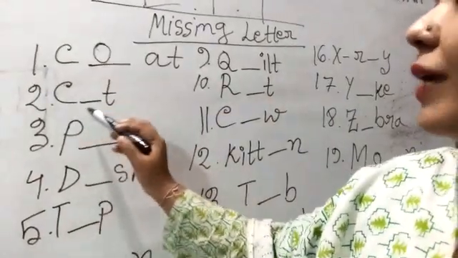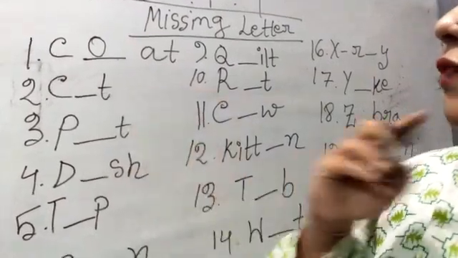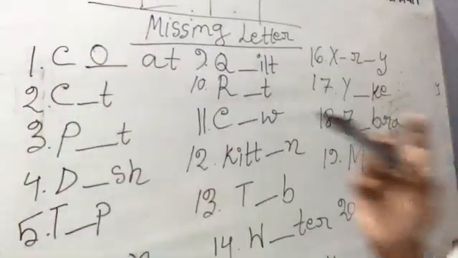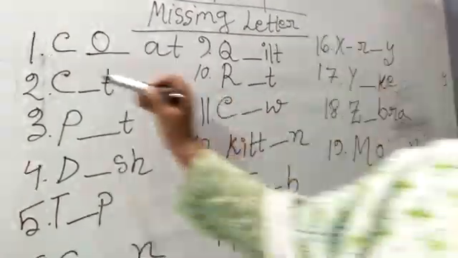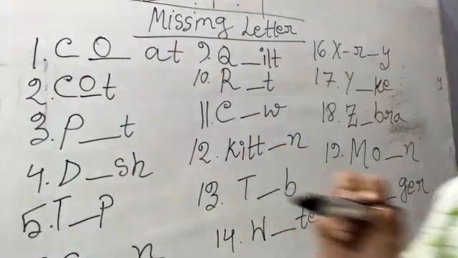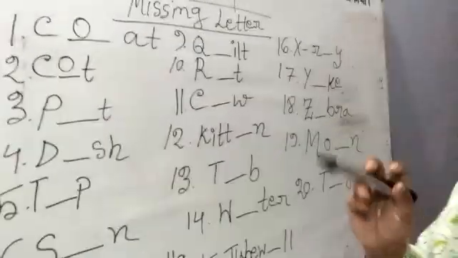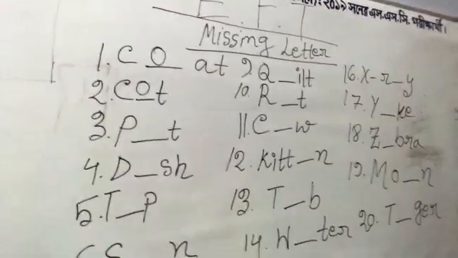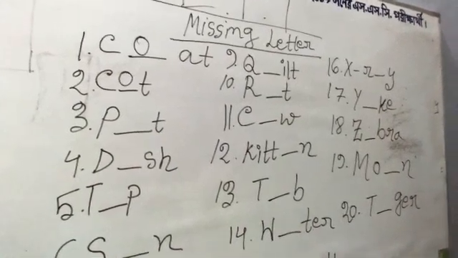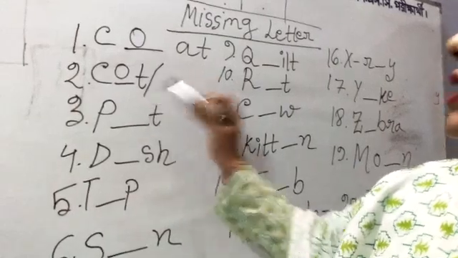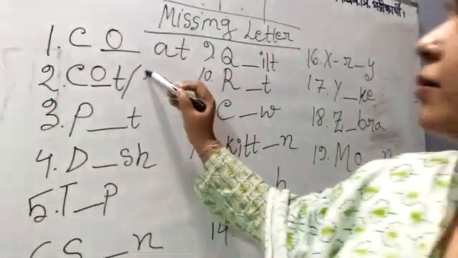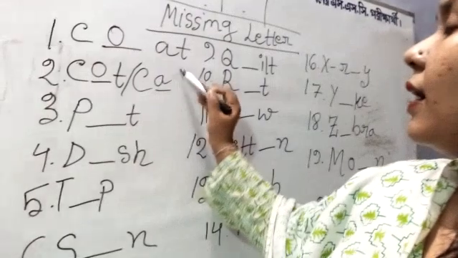Coat is a type of wearing, especially used in the winter season. Then number 2 is C dash T. If I put I, does it make any sense? No. But if I put C-O-T, cot, do you know the word cot? Yes, cot means a kind of small bed that is used for babies. That means a baby cot. Now some of you may ask, what if I put A in the gap?